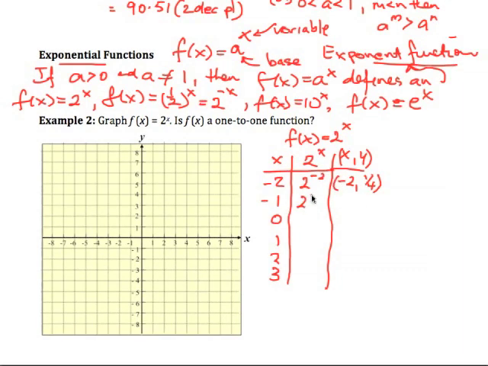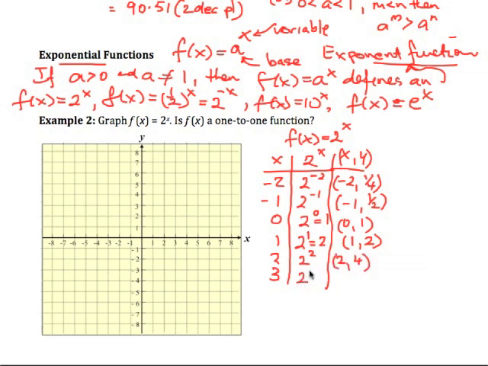Here I'm going to have 2 to the negative 1, so that's 1 over 2, which of course will be negative 1, 1/2. Put 2 to the 0, now 2 to the 0 is always 1. Anything raised to the power of 0 is 1, so this will in fact be 0, 1. When I put 1 in here, this is clearly going to be 2. This one will be 2 squared, which will be 4.